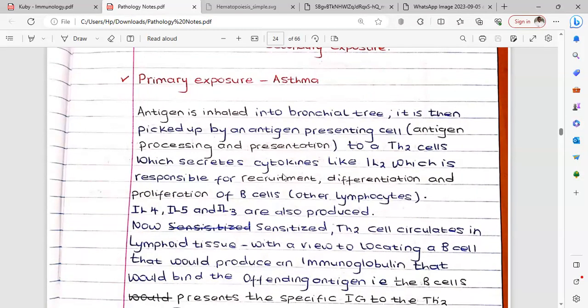The Th2 that has been sensitized goes into circulation in the lymphoid tissue with a view of finding a B cell which will produce an immunoglobulin that binds to the offending antigen, which is the inhaled one.